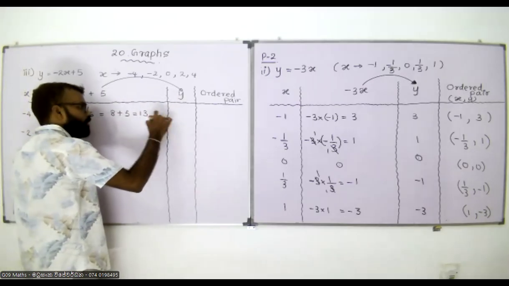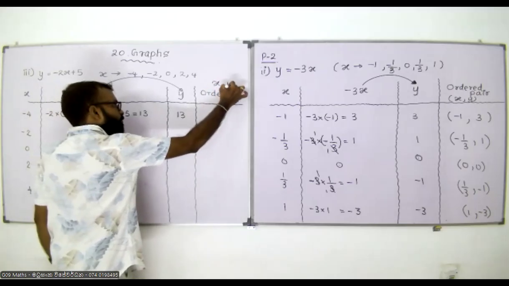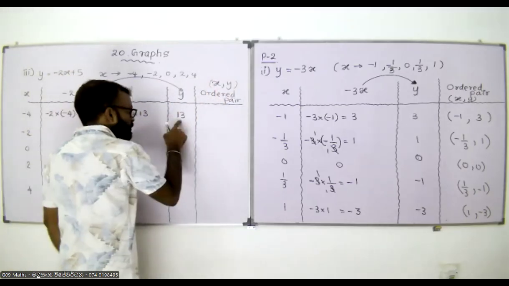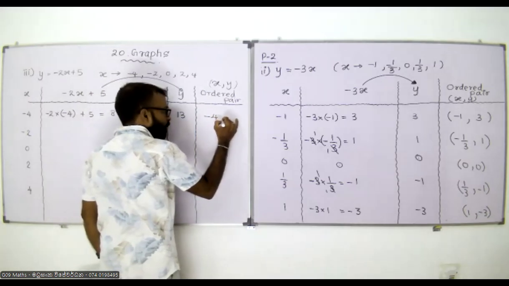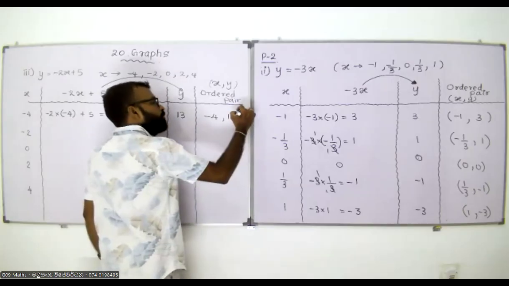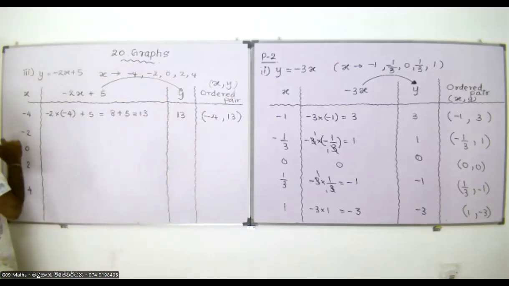My y is equal to 13. So that ordered pair is called x comma y. When x is negative 4, y is 13. Negative 4 comma 13. If you write it like this, totally wrong. Please use brackets.